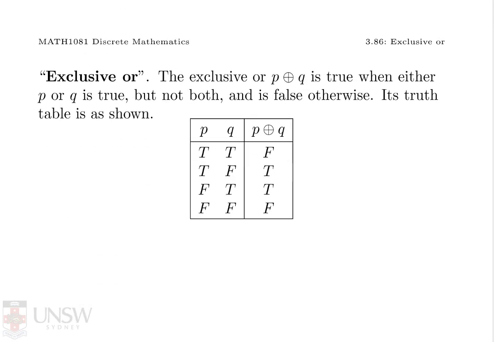The exclusive or, symbolized by P plus in a circle, Q, is true when either P or Q is true but not both, and it's false otherwise. So the only difference between this one and the previous one, the inclusive or, is this row here. So if P is true and Q is true, then if I do P or Q, that's true. But if I do P exclusive or Q, it's false. Every other row of this truth table is the same as the previous one.